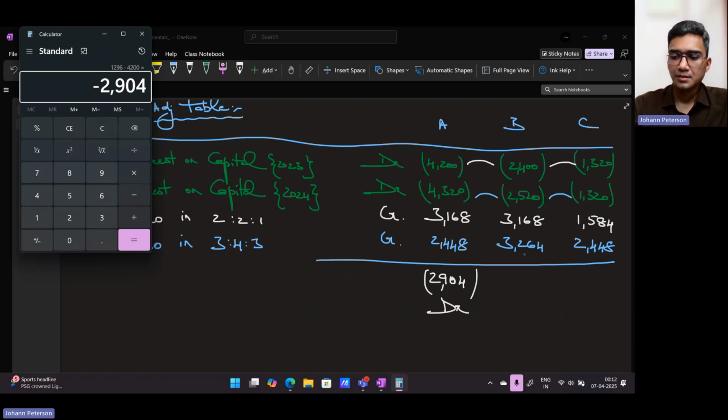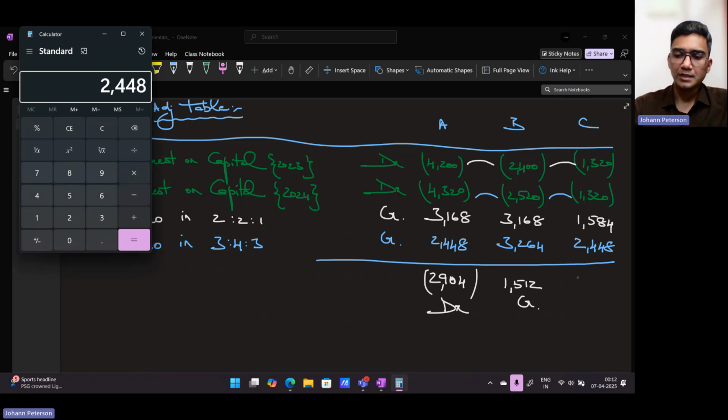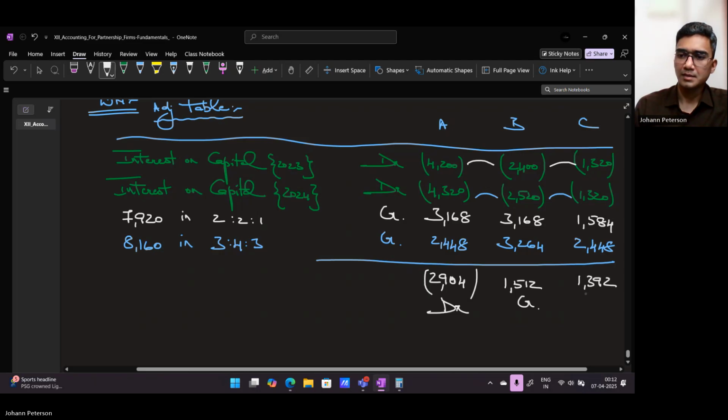Next is 3264 plus 3168 minus 2520 minus 2400, which is 1512. This is coming plus, so it will be credit. Next is 2448 plus 1584 minus 1320 minus 1320, which is 1392. This will also be in plus.